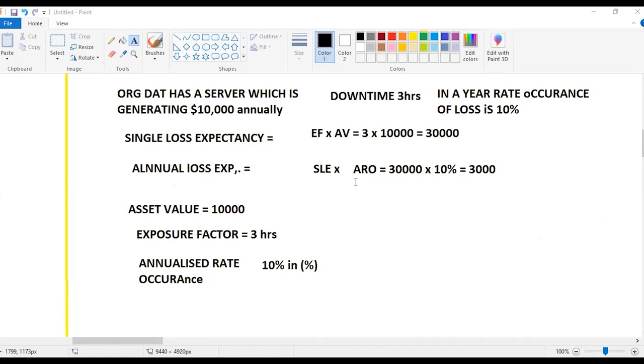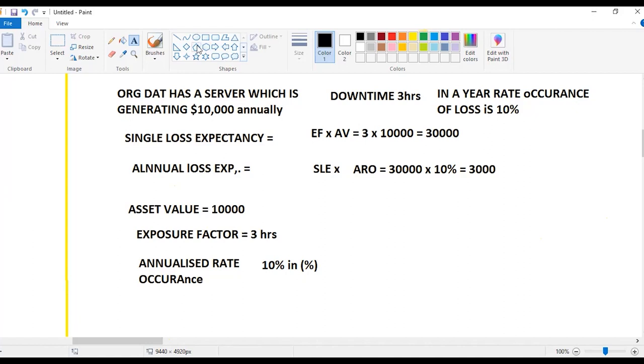Actually, this asset value is $10,000, and this single loss expectancy is 30,000. My question is, if the asset value is 10,000, how can the loss exceed 10,000, to 30,000? We are multiplying, sir. I'm not understanding.